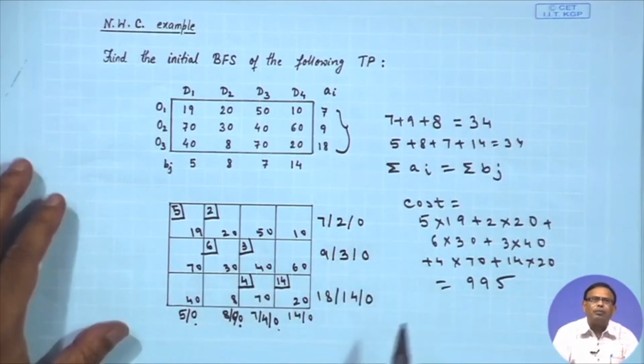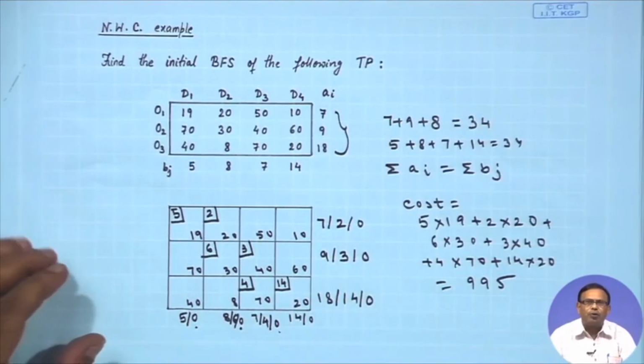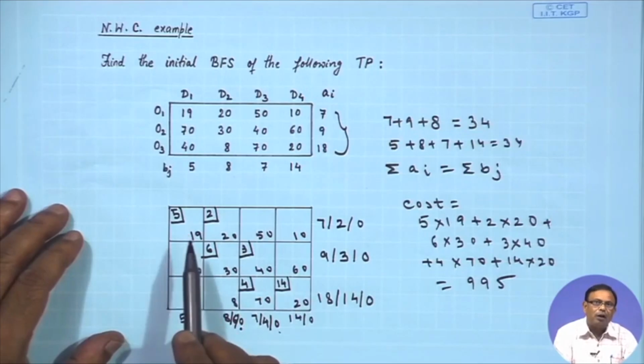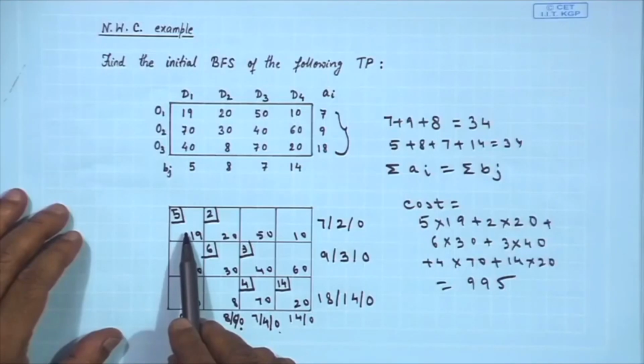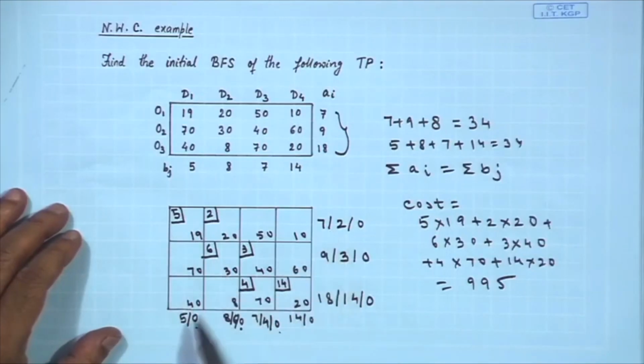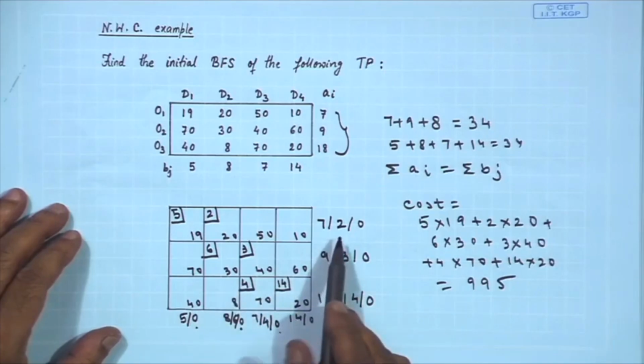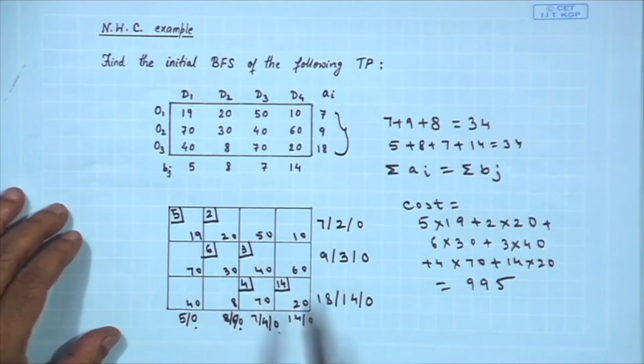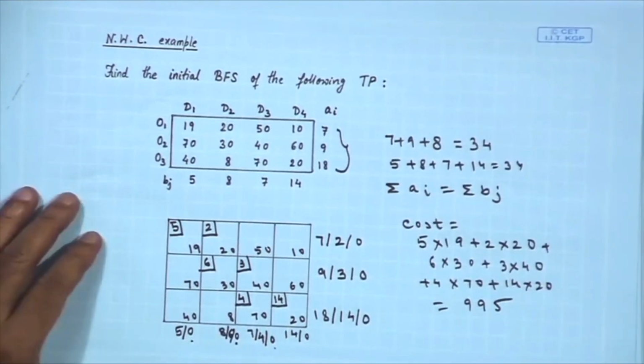Because the same problem, we will try to solve in some other way. So, basically you are starting from the leftmost cell, and from the leftmost cell you are allocating depending upon which one is the minimum of A i, b j, and you are going on doing this process. So, this process is simpler.